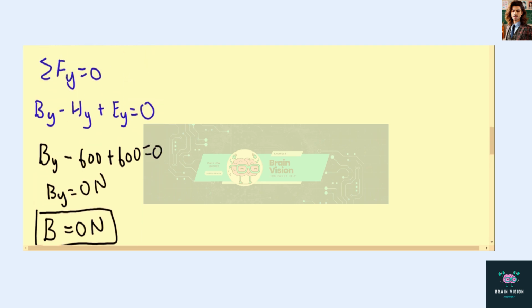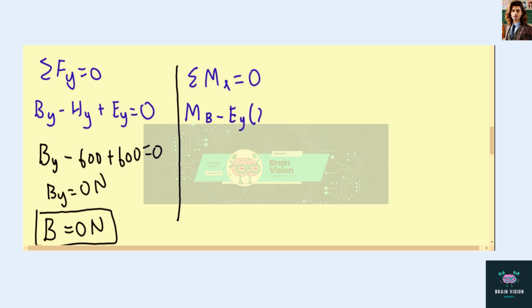And we're now going to solve for the moment at point B. So we say that the sum of moments about the x-axis is equal to 0. And we can write that the moment about point B minus e of y times 200 plus h of y times 320 is equal to 0.